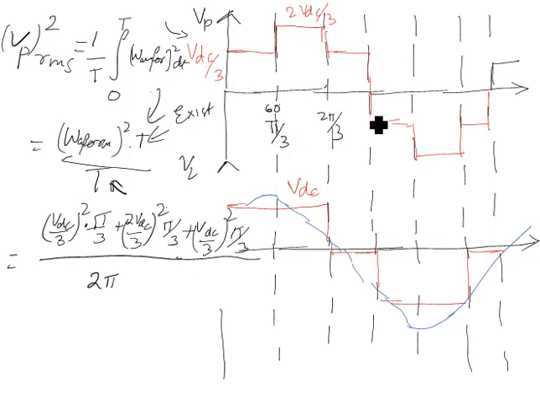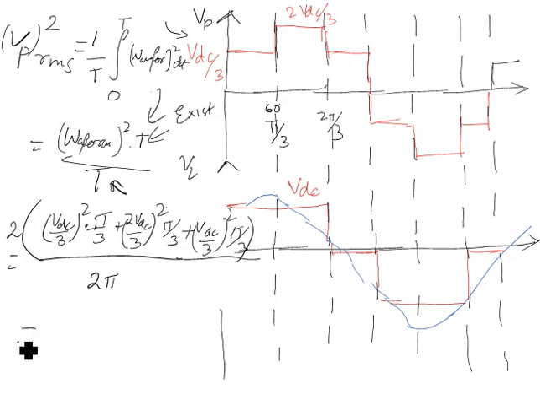For the negative half cycle, the magnitude is negative, so if you do the square, it will be positive again. So for this period, minus VDC by 3, pi by 3. If you do the square, minus VDC squared will be positive, right? So the same term will come, but it will be twice. Okay, so if you draw the whole period, you will get this.